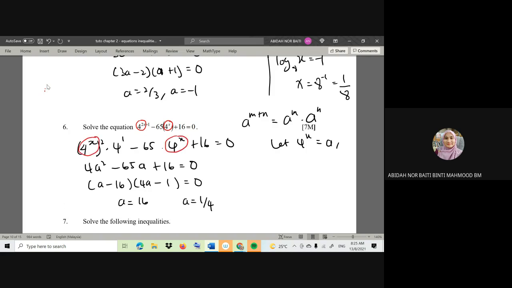Sebab kita nak buat assumption 4^x equal to a. Dan jangan lupa ganti balik lah. 4^x equals to 16. 16 change to base 4. 4 squared, right? So x equal to 2. Ya. Satu lagi.